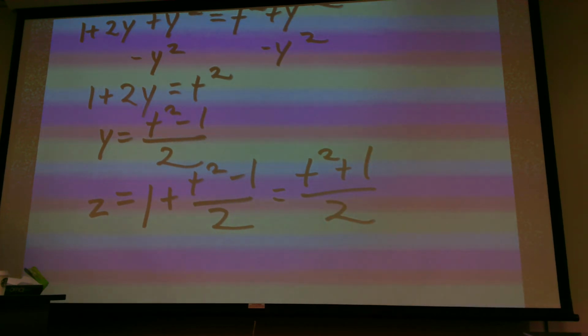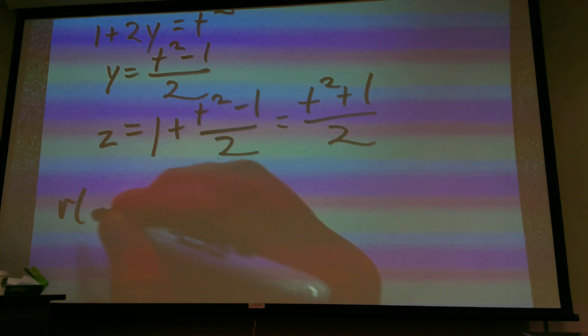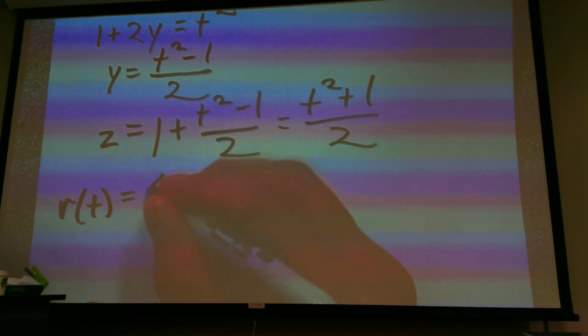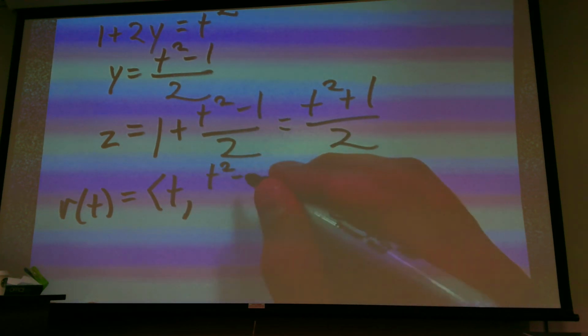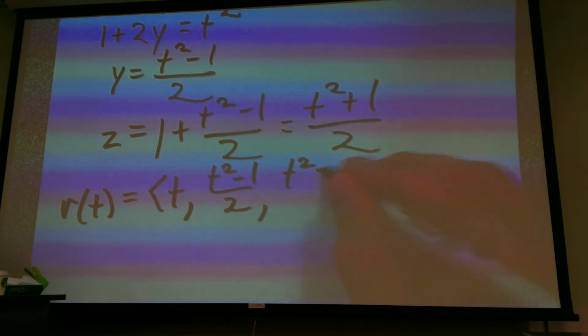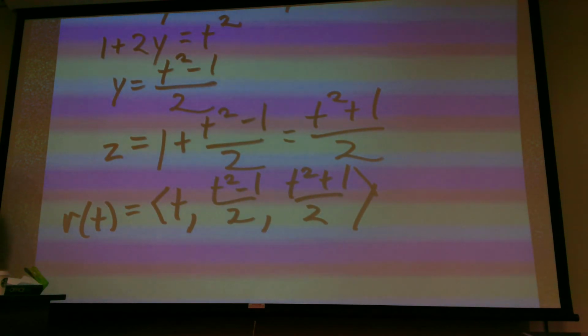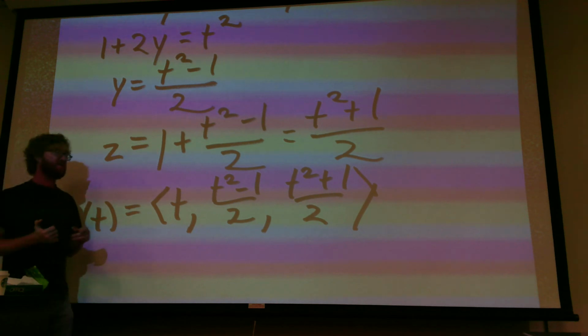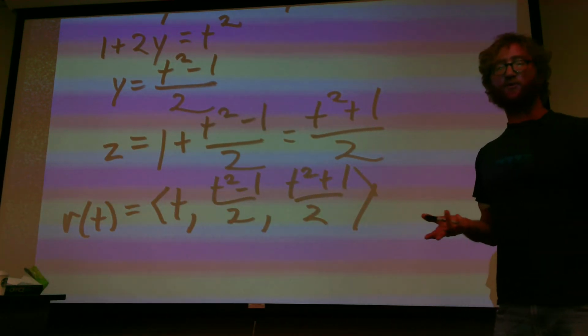Okay? So from this right here, this gives me that my r of t is going to equal now t comma t squared minus 1 divided by 2 comma t squared plus 1 divided by 2. And so given these x, y, z relationships, this is how you would actually get to a parametric form of this.